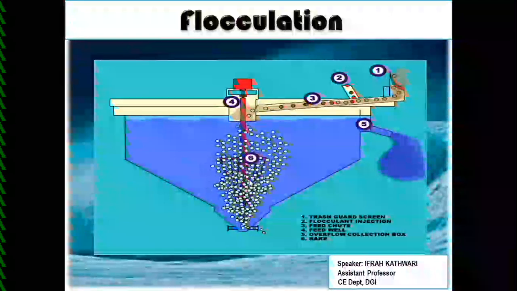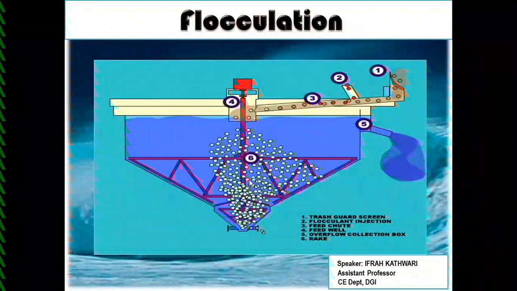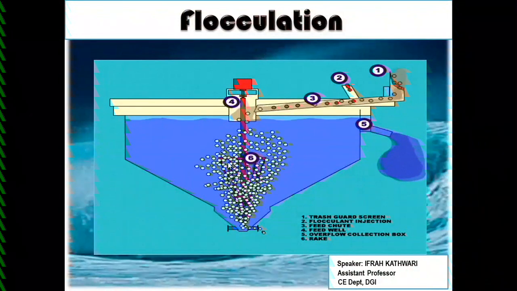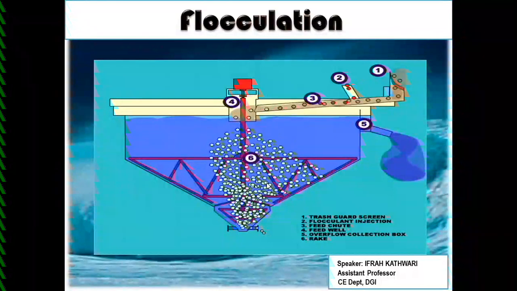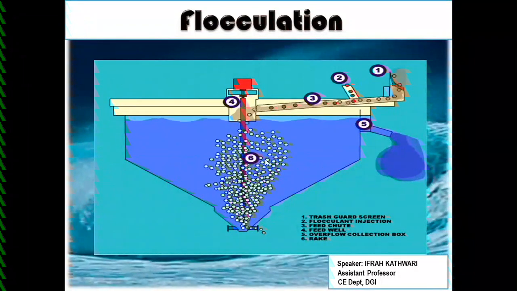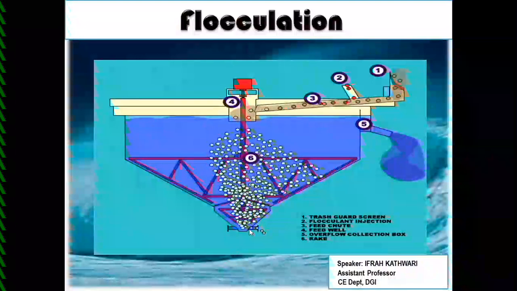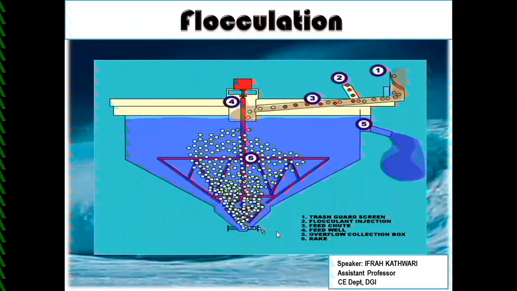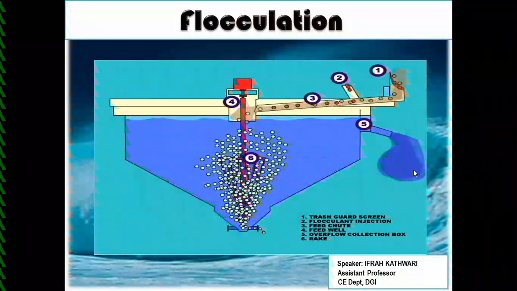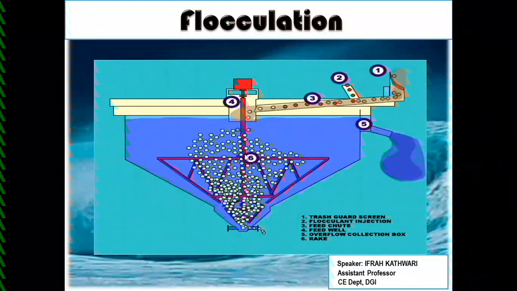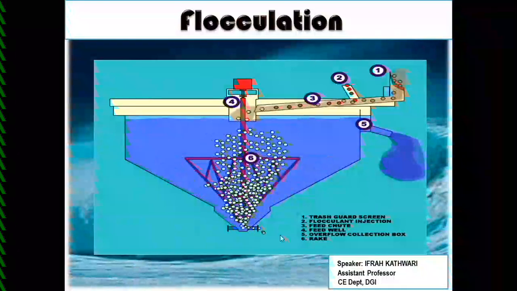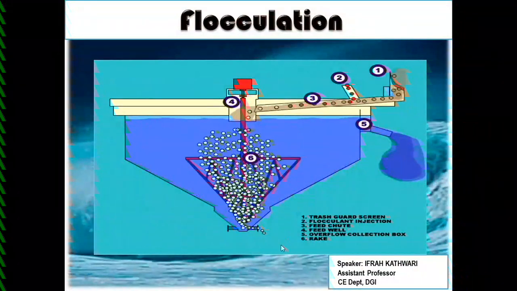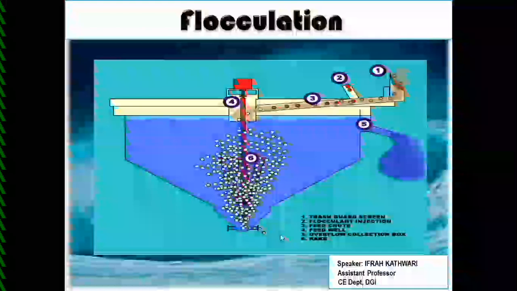So the small particles, or the neutrally charged particles, are being combined over here. It keeps on rotating, and from here it is being discharged. The clear water is discharged to the sedimentation tank, and from here the flocks are being removed.